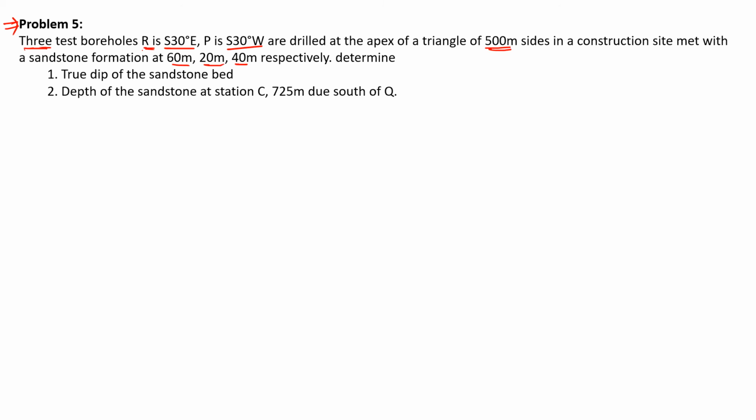We have to determine, as usual, the true depth of the sandstone bed as well as the depth of sandstone at point C, which is 725 meters due south of Q.